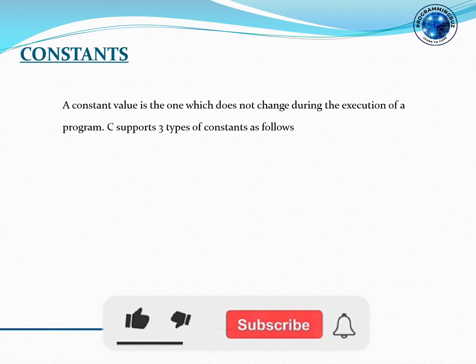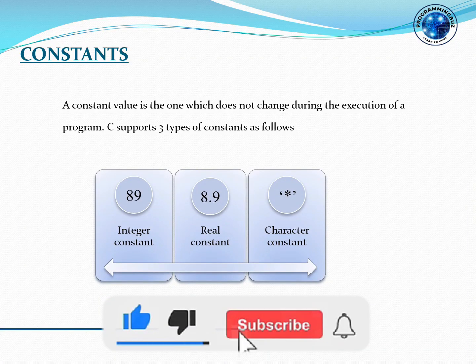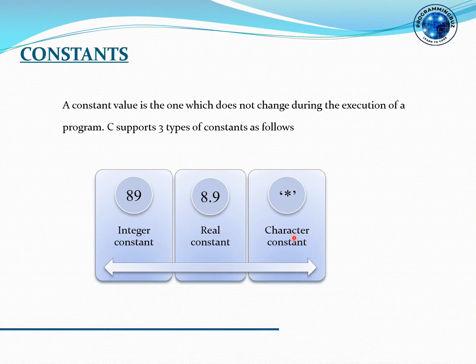So C supports three types of constant, which are integer constant, real constant, and character constant. An integer constant is a constant containing only digits with a plus or minus sign. This type of constant does not contain a decimal point.